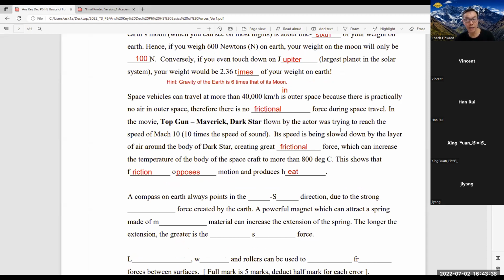Because as you know, if you fly at high speed, the air around the aeroplane will create tremendous frictional force that will produce a lot of heat to heat up the plane. Those who have joined us, just sit back and relax to understand how frictional force can produce tremendous heat at supersonic speed, or in this case, hypersonic speed.